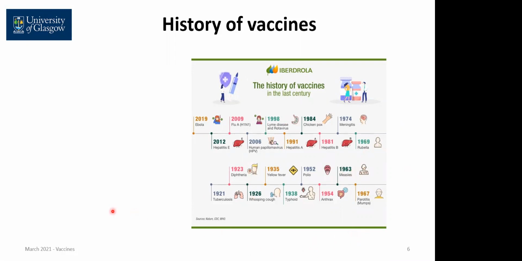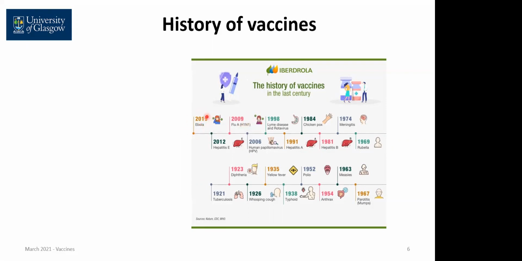If we go back 100 years, you have things like TB, diphtheria, typhoid, measles, mumps, rubella, hepatitis, moving through to the current day. And if you can recall, in the late 2000s, the swine flu pandemic that hit the world, there is now a vaccine for that.